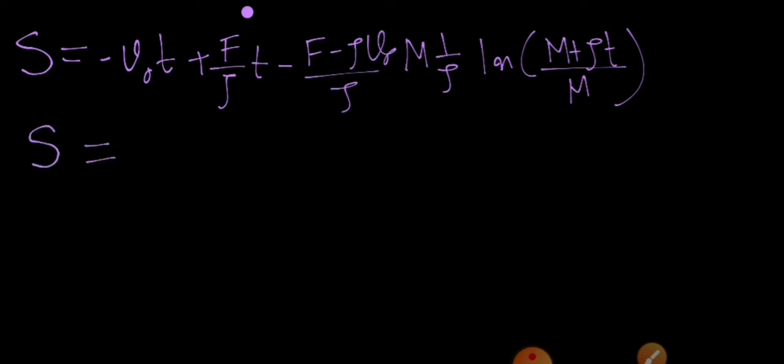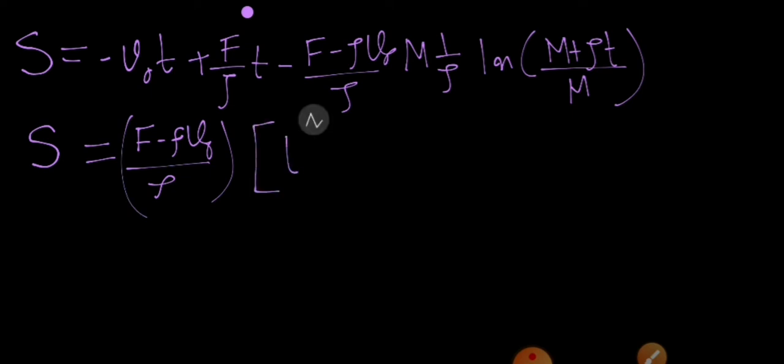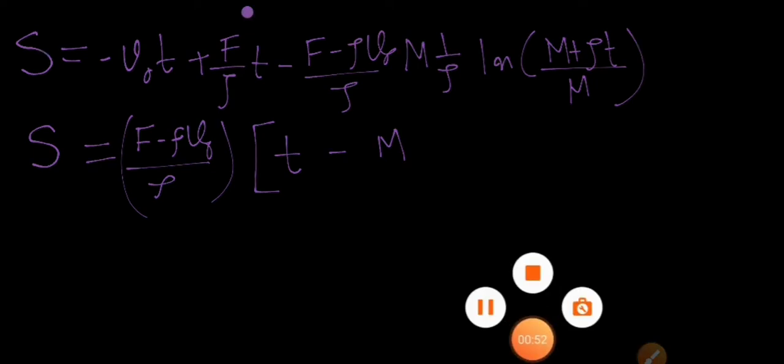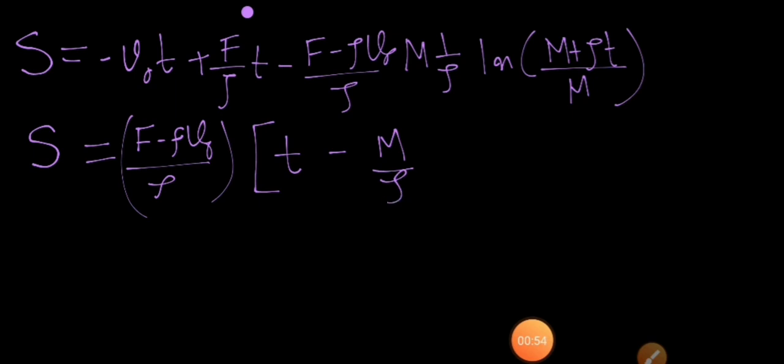I'll write s is equal to (f minus rho v naught) by rho, into, inside the bracket, t minus M by rho ln of (M plus rho t) by M.